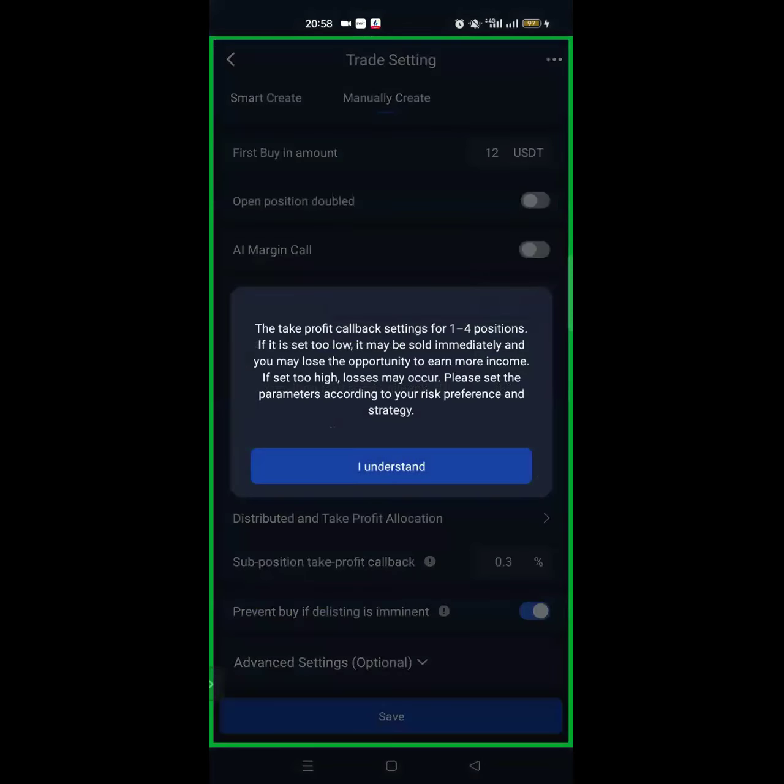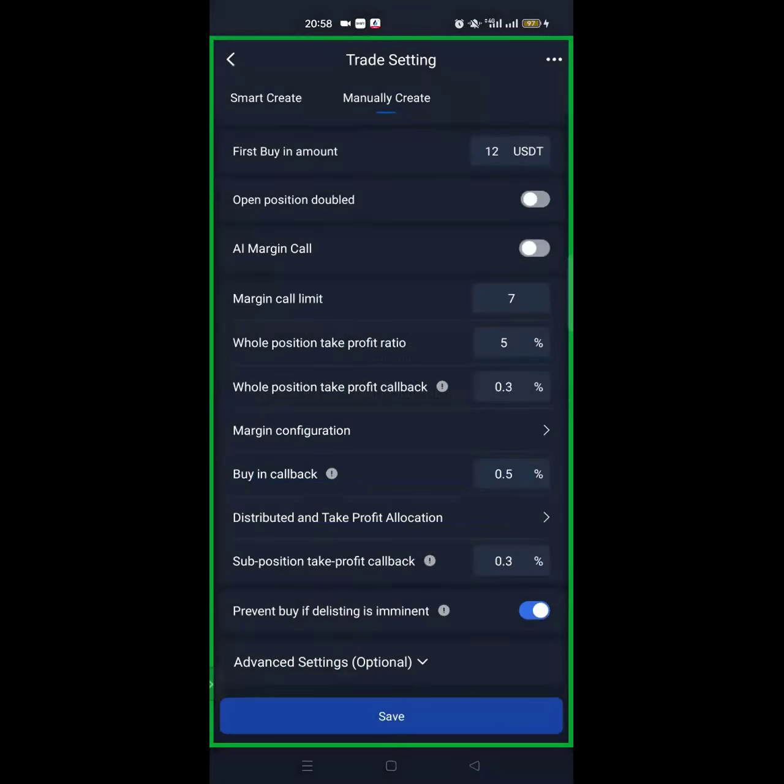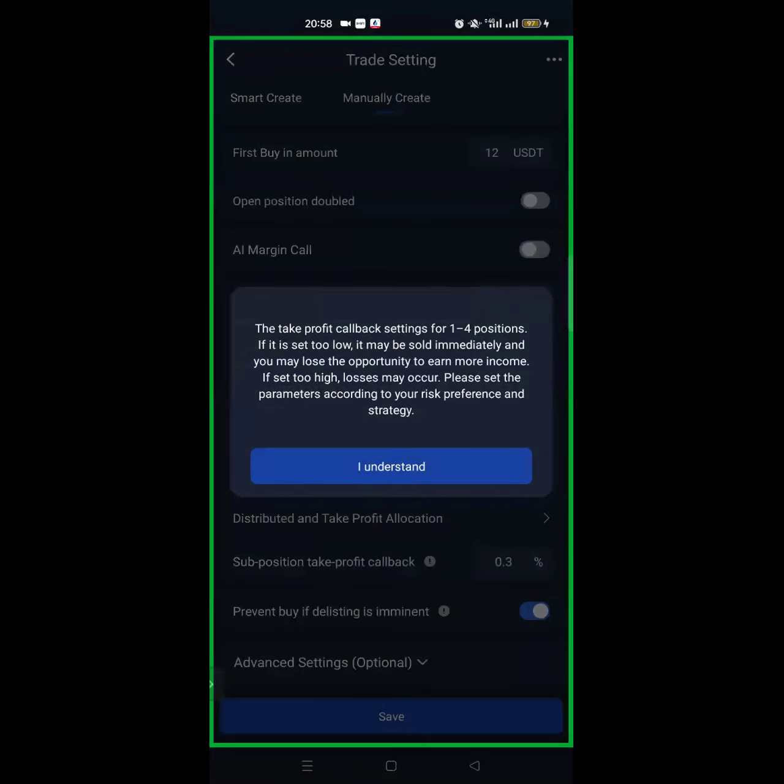The take profit callback setting for 1 to 4 positions: if it is set too low, it may be sold immediately and you can lose the opportunity to earn more income. If set too high, losses may occur. Please set the parameters according to your risk preference and strategy.